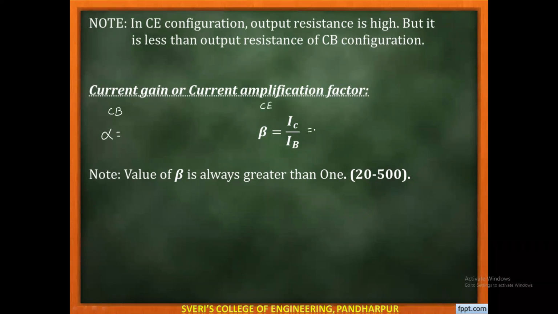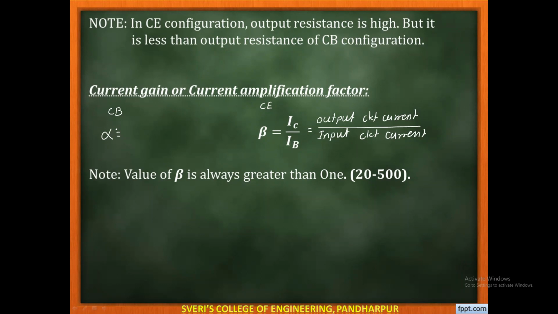And what is the current amplification factor? It is nothing but the output circuit current to the input circuit current. Now in the common emitter configuration, the output circuit current is IC, because the emitter current is common, and the input circuit current is IB.